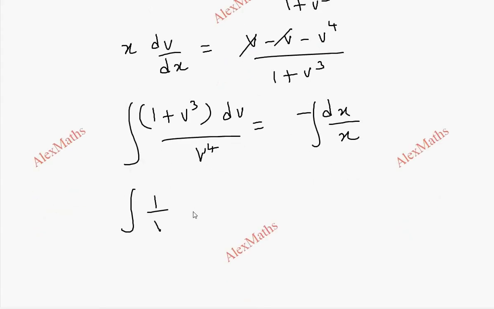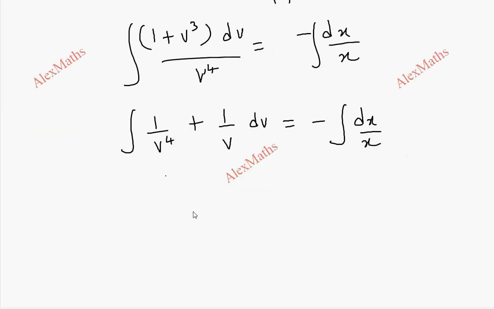Integral 1 by v power 4 plus 1 by v, that is v cube by v power 4 is 1 by v dv. This is minus integral dx by x. When I integrate this, this is v power 4. After integration, v power minus 3 by minus 3, and this is log v, and this is minus log x plus c.